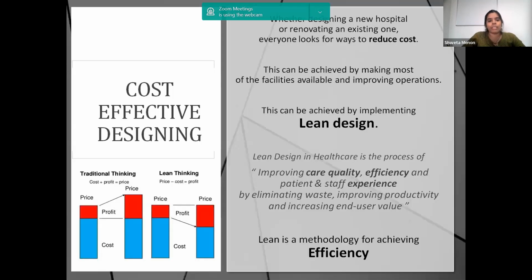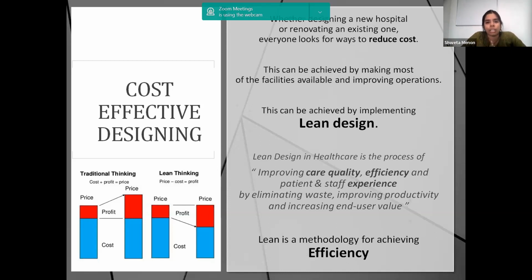So to begin with, the concept of lean. Now, lean design can be achieved by making most of the facilities available and improving operations. That is what lean design is. And when you take it in terms of healthcare design, it is basically about improving care quality, efficiency, patient and staff experience, by eliminating waste, that is wasted movements, wasted efforts, wasted space, improving productivity and increasing your end user value.